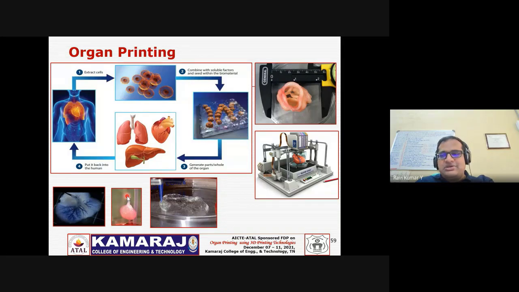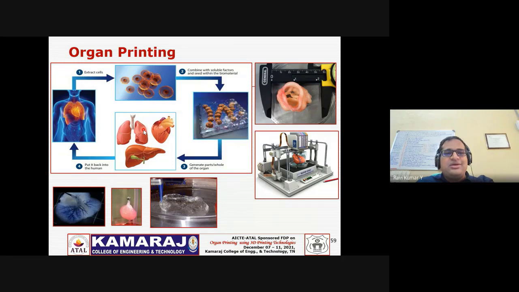People have even successfully implanted skin and blood vessels, but skin and blood vessels are relatively less complex organs or tissues. But if you target complex organs like lungs, heart, liver or kidney, definitely it's going to be very challenging.